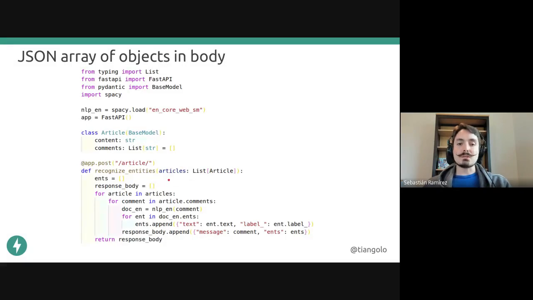So we are saying that articles is a list of instances of this class Article. And FastAPI will make sure that we receive that exact data shape in our parameter. And because FastAPI is making sure that we are receiving this as a list, we can iterate in this list. And then, for each one of the articles, we can check each one of the comments, and then we can do all the processing that we were doing before, but now we are doing it for multiple articles at the same time.